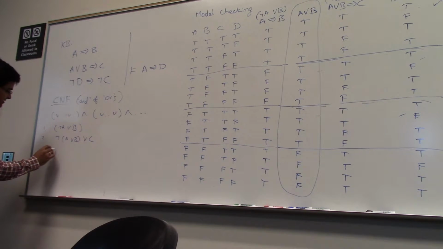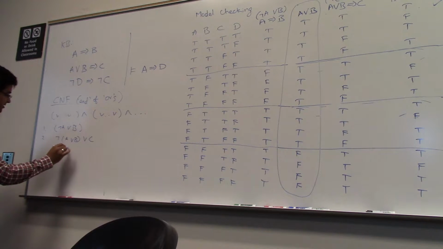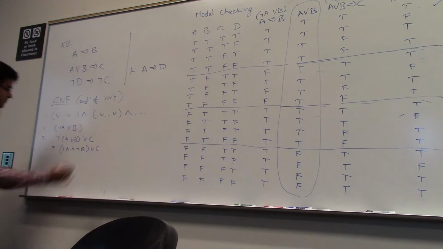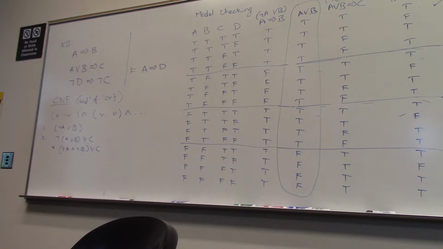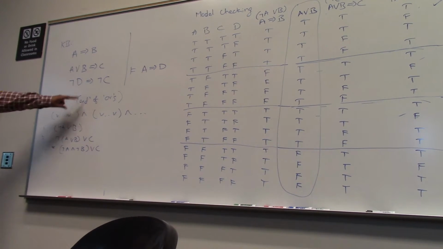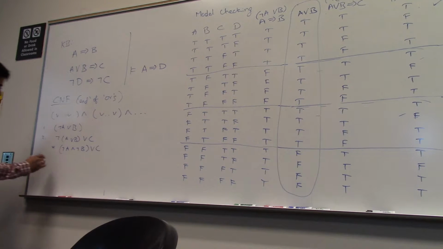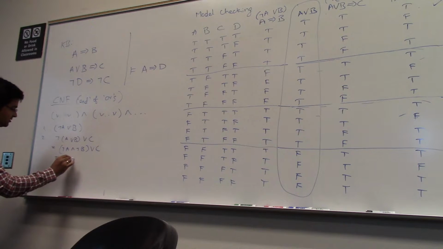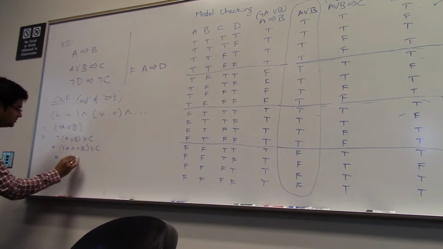This is the same as not A and not B, or C. That's still not correct, right? This is an OR of ANDs, but we want an AND of ORs. So this will further expand to not A or C.